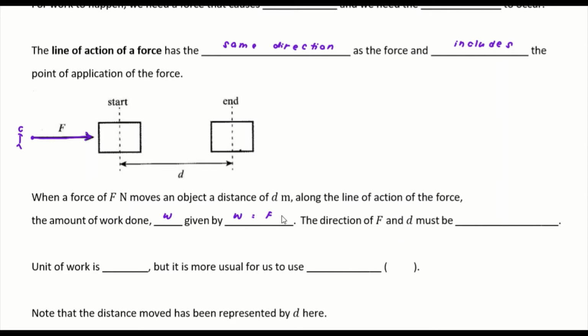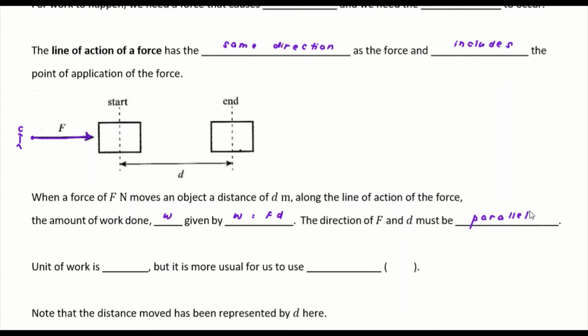Okay, so distance D. So W is equal to F times D. Okay, so why is it so important that we talk about along the line of action? We need to make sure that when we apply this formula, the direction of the force and the distance must be parallel.